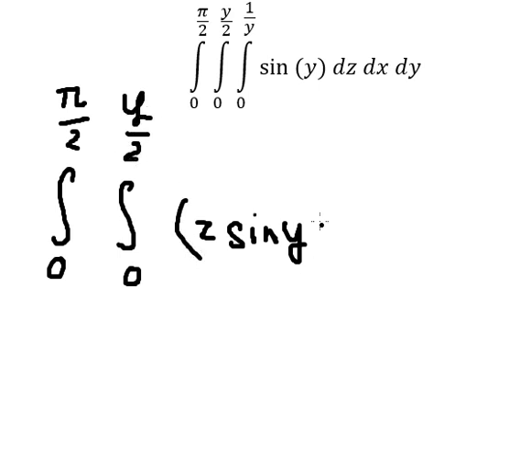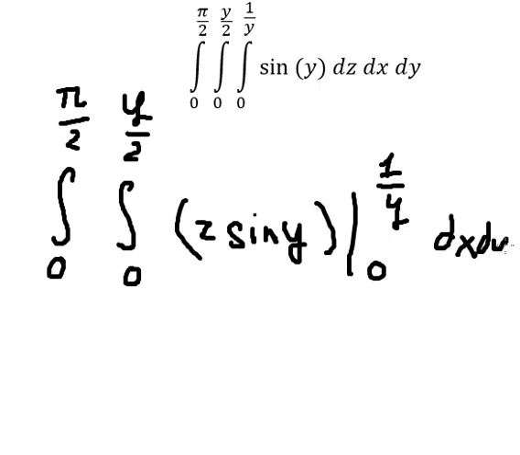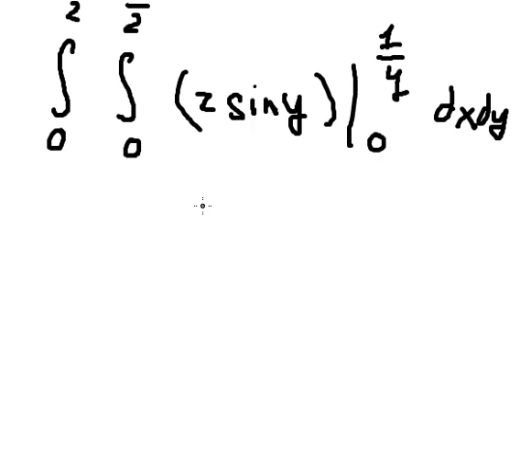So we put the bounds from 0 to 1 over y. So I will put 1 over y cone here, number 0 cone here.